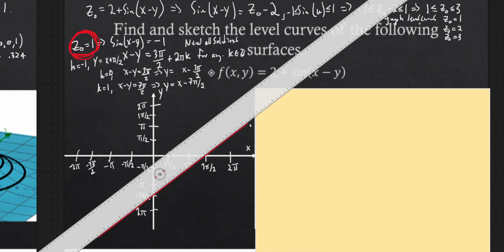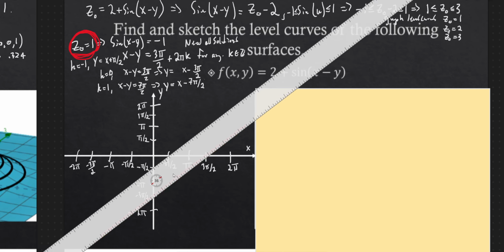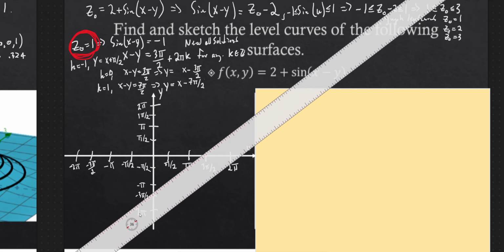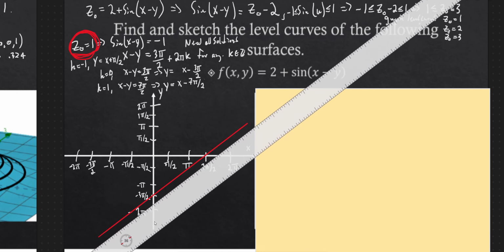So that's at z equal to 1. We also have x minus 7 pi over 2. That would be down here, right? 2 pi is 4 pi over 2, so maybe that one's not good. I won't picture that one. That's going to be too far down.